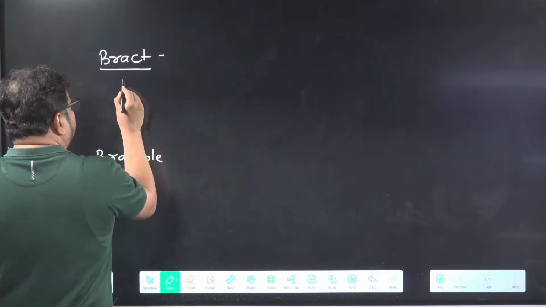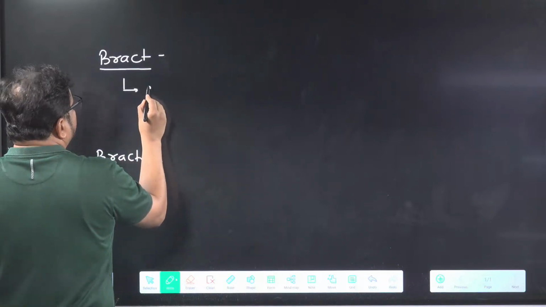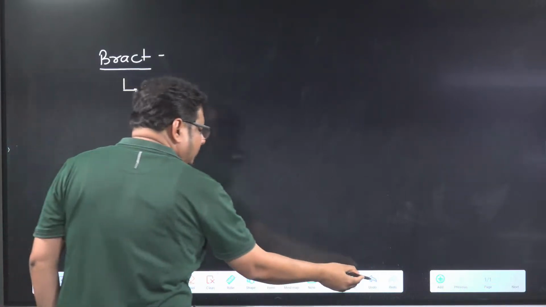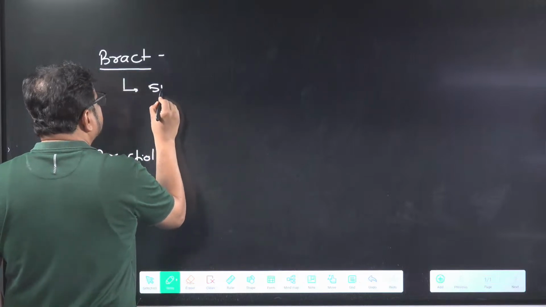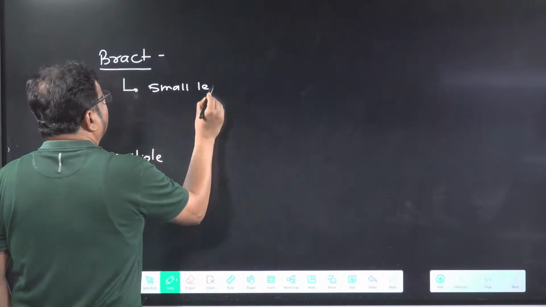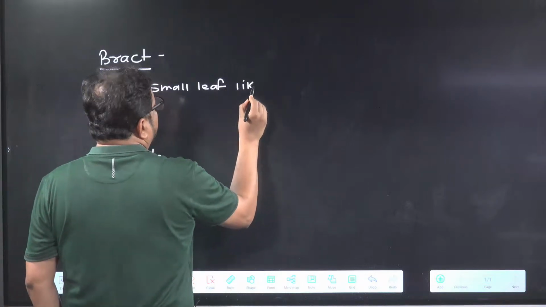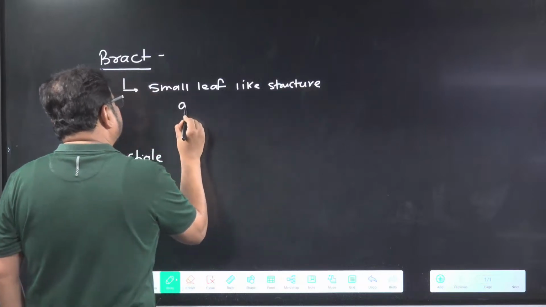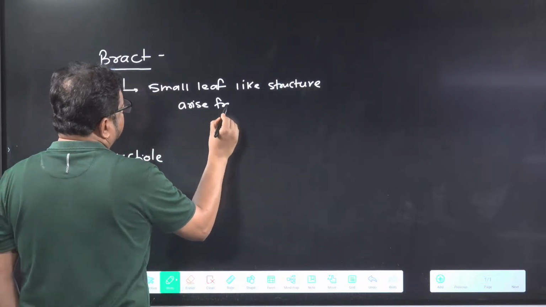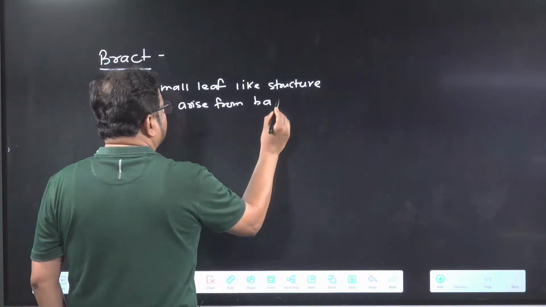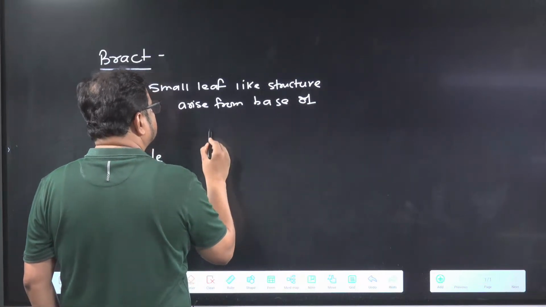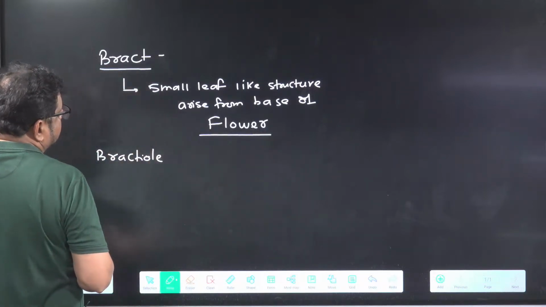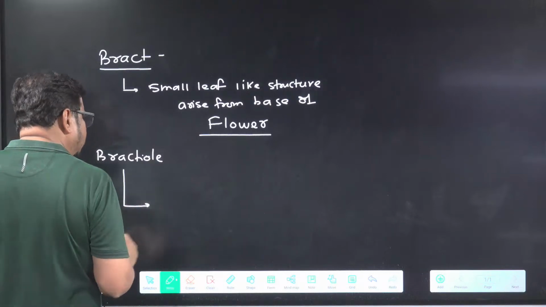So, bracts are small, simply like a small leaf-like structure arising from the base of the flower. It is called bract.